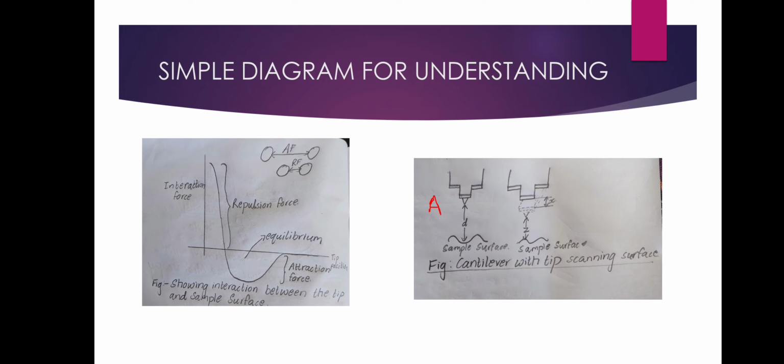Hence we get the topographic image or the 3D image on the electronic device or the feedback electronics detector. So this is the basic principle and working of atomic force microscopy. This is how the topographic image or the 3D image is formed, with vertical displacement and horizontal displacement.